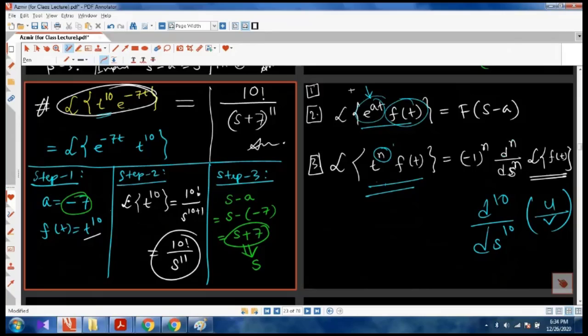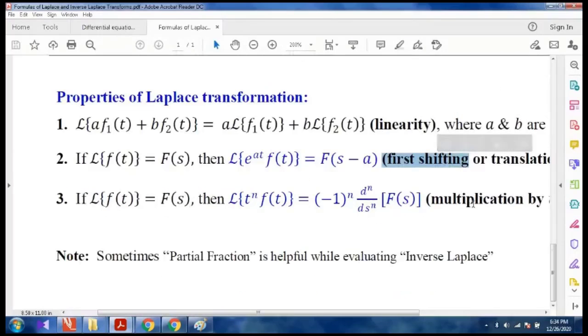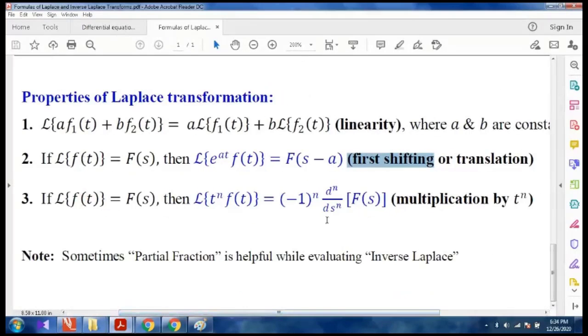So follow the process. This is what the linearity property and the shifting property are. So let's work with the multiplication by t power n property, this one.